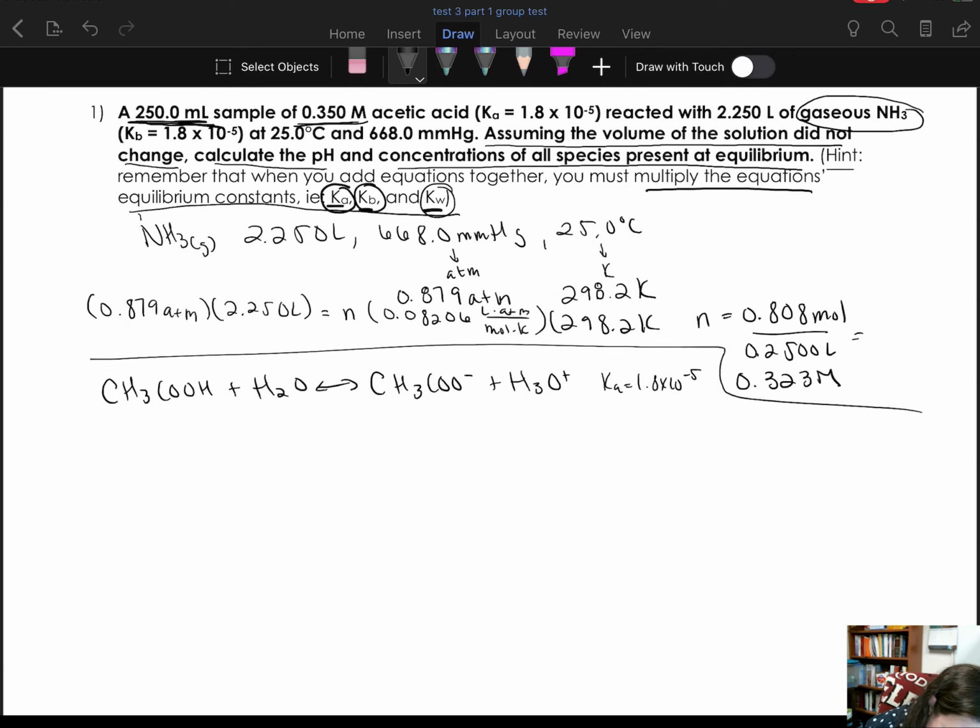And then ammonia, NH3, reacts with water to produce our ammonium ion and hydroxide. Put some states in here.